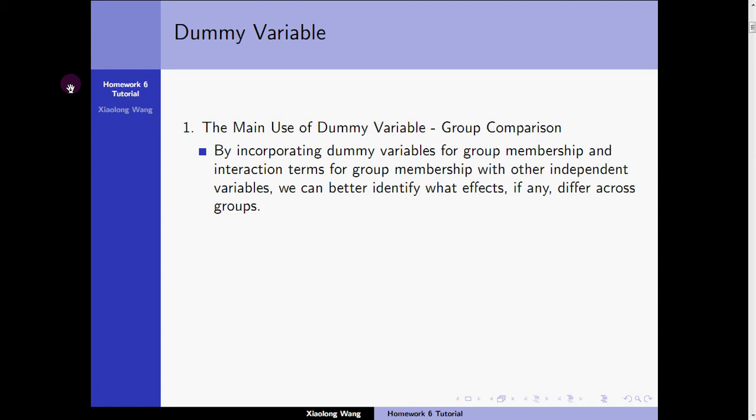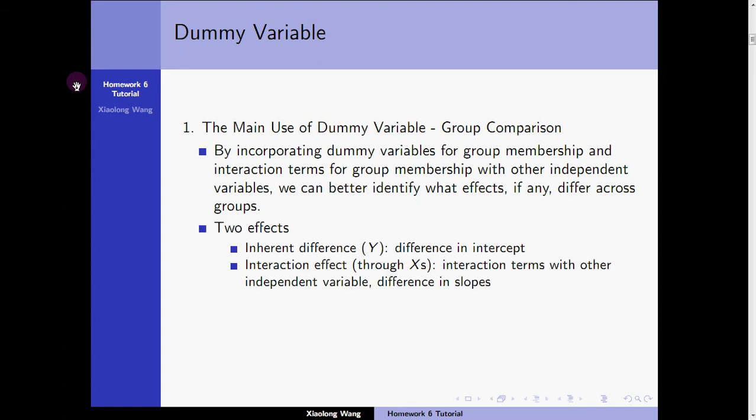So for example, sometimes we may wonder whether men earn more money than women. Well, there could be many reasons for the fact that men earn more than women. The first hypothesis may be that men earn inherently more than women because of some institutional structures.